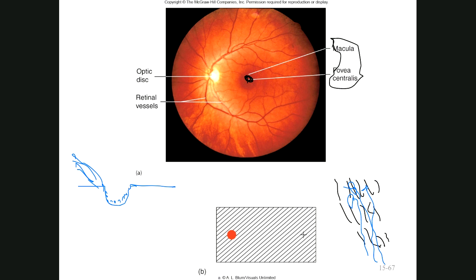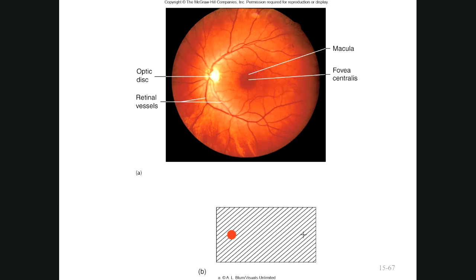without any kind of blocking, which means that the light that comes to the fovea is not blocked out, it's not obscured, and so it's going to have the clearest picture, the clearest vision. And so this fovea and this macula are where we have the highest number of cones.